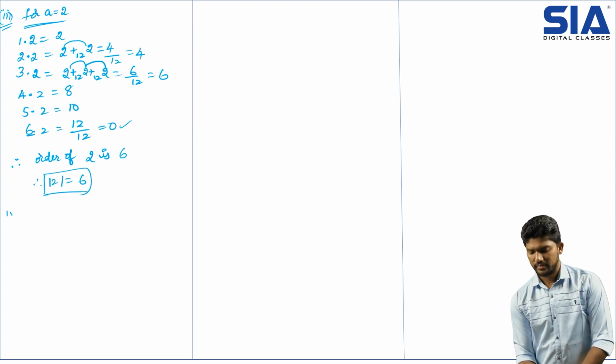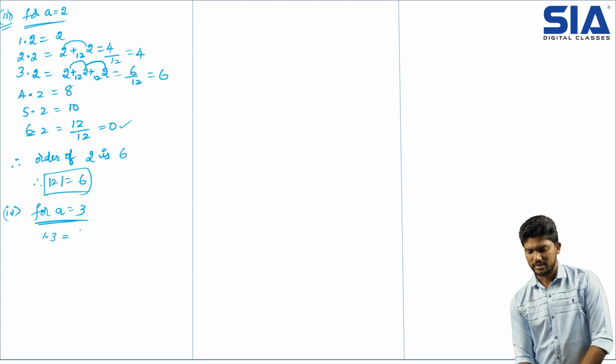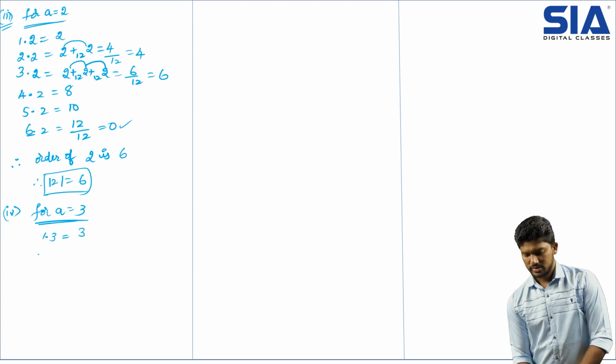In this format, for the next number, a is equal to 3. Similarly, 1 into 3 is equal to 3. 2 into 3 is 6. 3 into 3 is 9. 4 into 3 is 12.